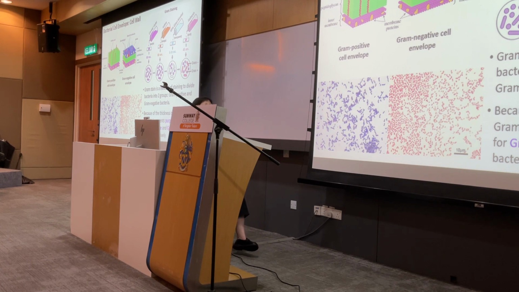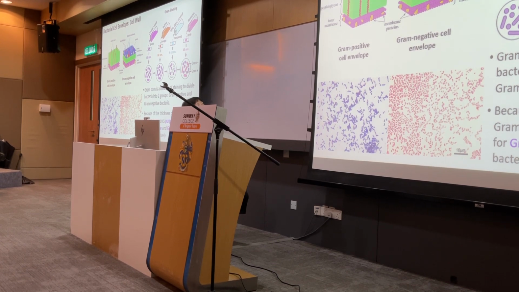Now, what is the principle behind that? What is important here is that when you rinse with the ethanol, some of this crystal violet can be washed away, right? Whether it can be washed away relies on the thickness of the cell wall. In the gram positive, it is retained as the crystal violet color, the purple color, meaning that the crystal violet cannot be easily washed away by the ethanol.